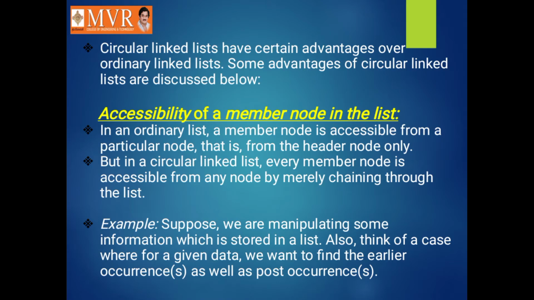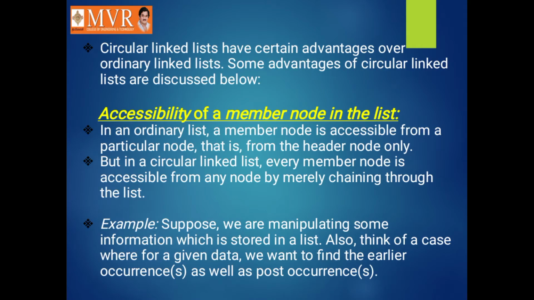For example, suppose we are manipulating some information which is stored in a list. Also think of a case where for a given data we want to find the earlier occurrences as well as post occurrences. Here is a simple example: we are given a particular data and we should find the pre-occurrences, meaning the node before it and the node after it.